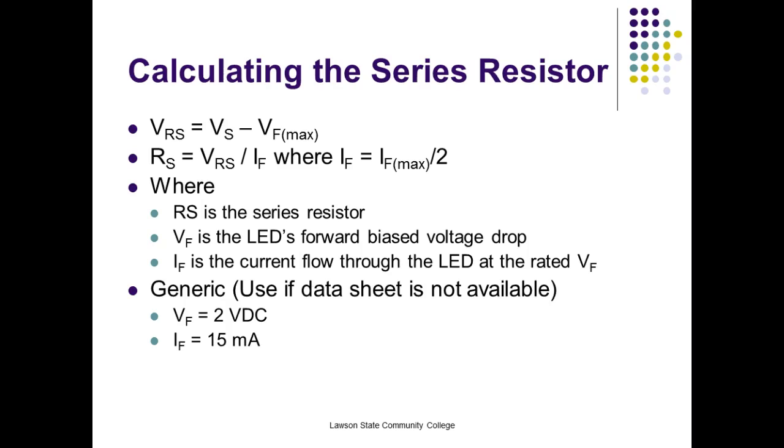Normally 2 volts at 15 milliamps should be okay. So if you got the data sheet, if you know the part number, you look it up, right? You understand. Problem is that they don't usually put part numbers on them. The arrays, they'll put part numbers on them, but the LEDs themselves, they don't.